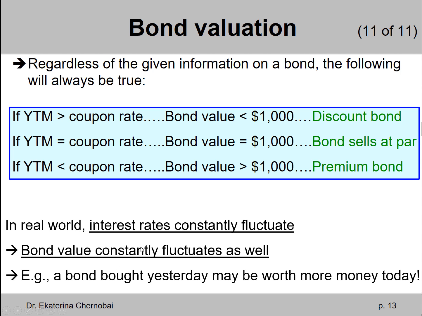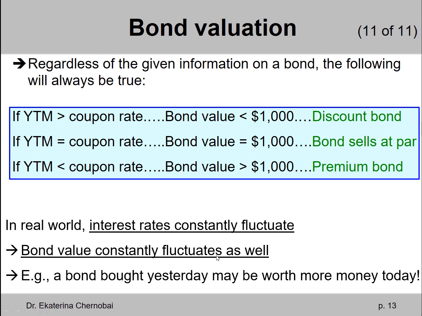And what this in turn implies is that if you bought a bond yesterday and paid some amount of money for it, then maybe if the interest rate went up overnight, your bond value went down overnight. So what you paid a lot of money for yesterday is not worth as much money today.